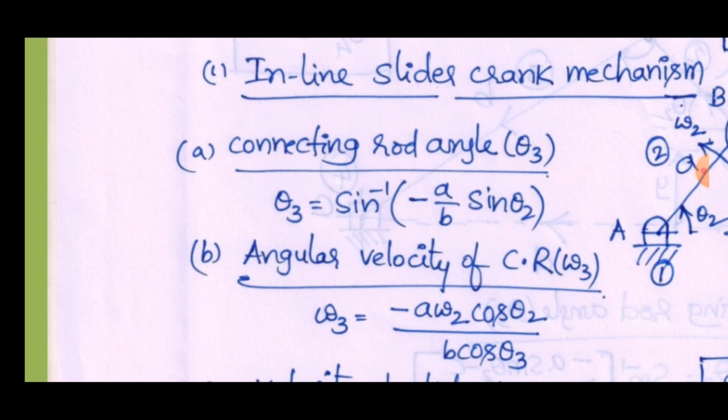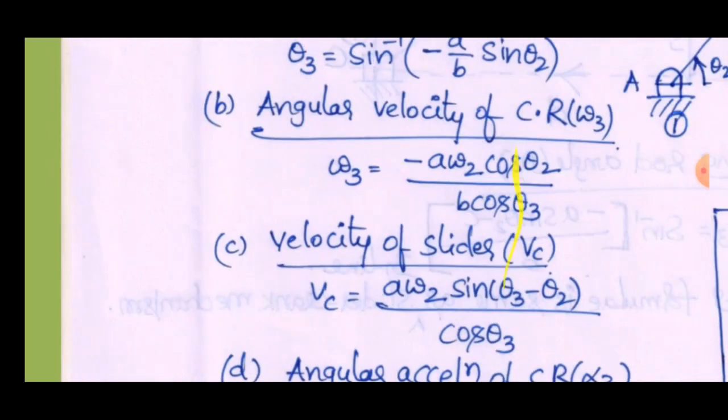First, the connecting rod angle: theta 2 will be given, theta 3 you have to find. Second, you have to find the velocity of the slider and connecting rod. So first, after finding theta 3, the angular velocity of the connecting rod. After finding that, then the velocity of the slider.